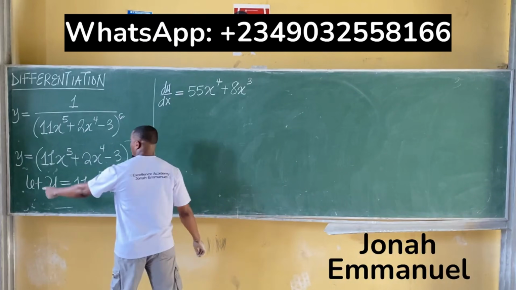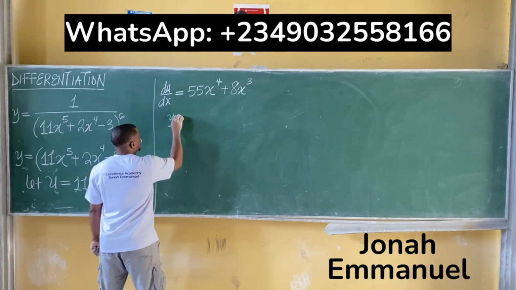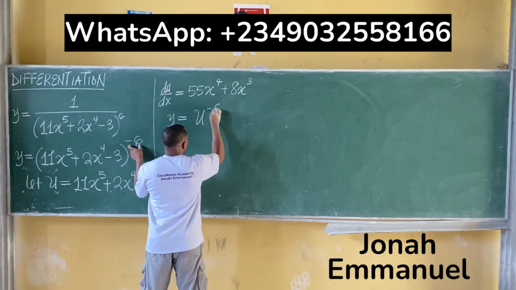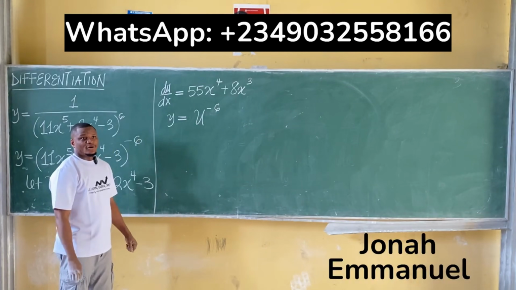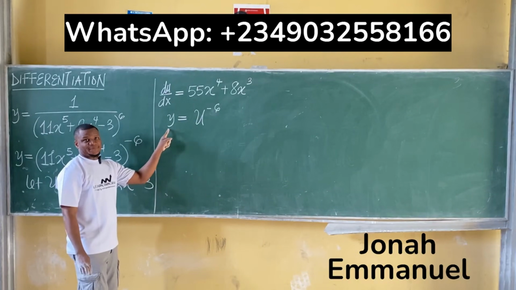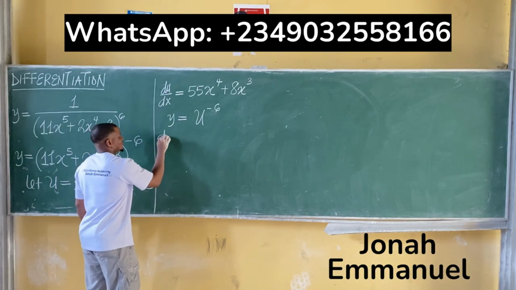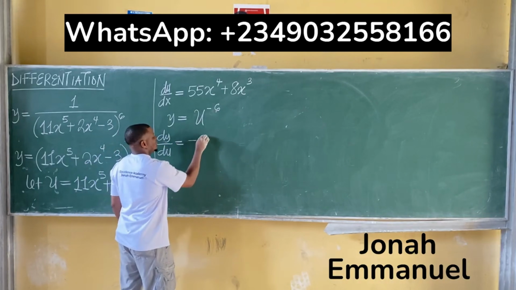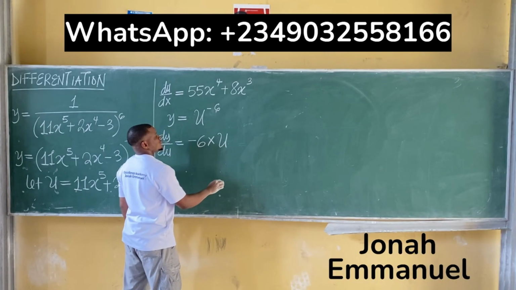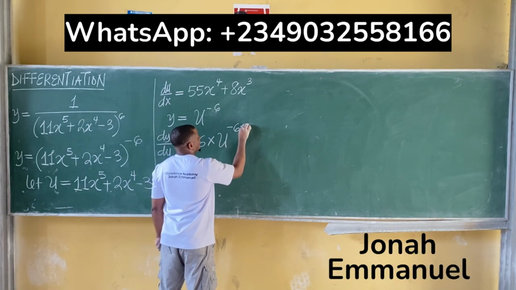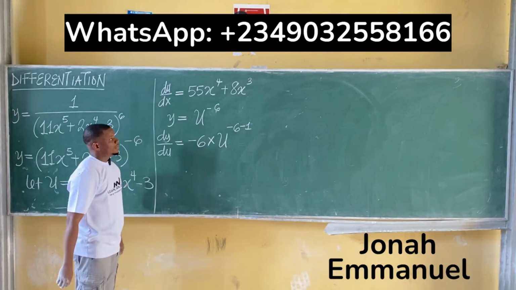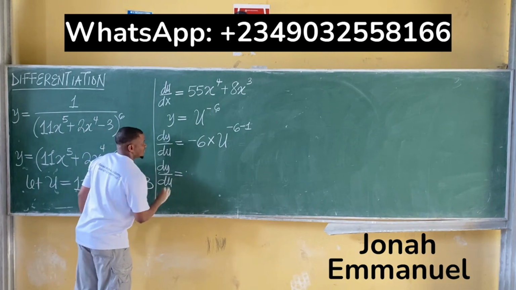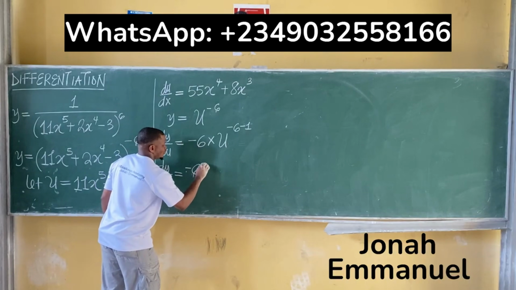Okay. Next up, y is equal to what there? u to the power what there? Minus 6. We have this. Of course, differentiate y with respect to u. You now get what there? dy/du. Multiply by the power, minus 6 times u, subtract 1: minus 6 minus 1. The same concept works. Okay? We have dy/du is equal to minus 6 u to the power what there?